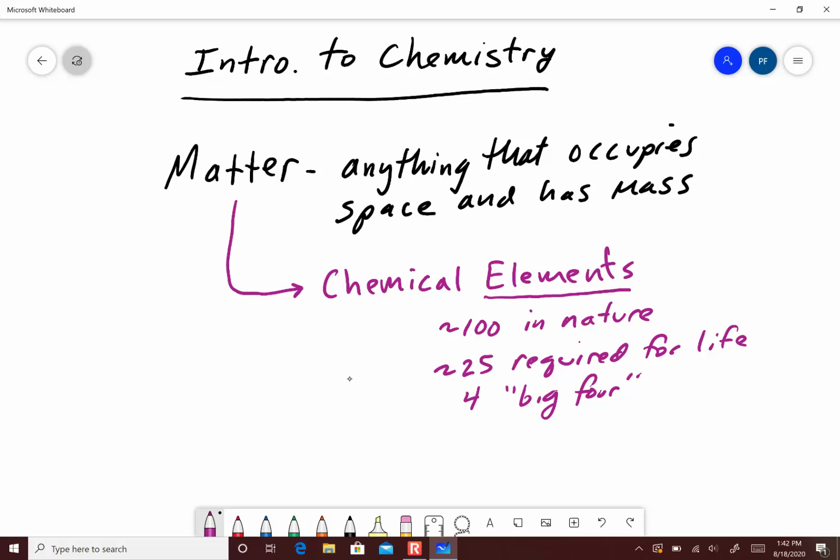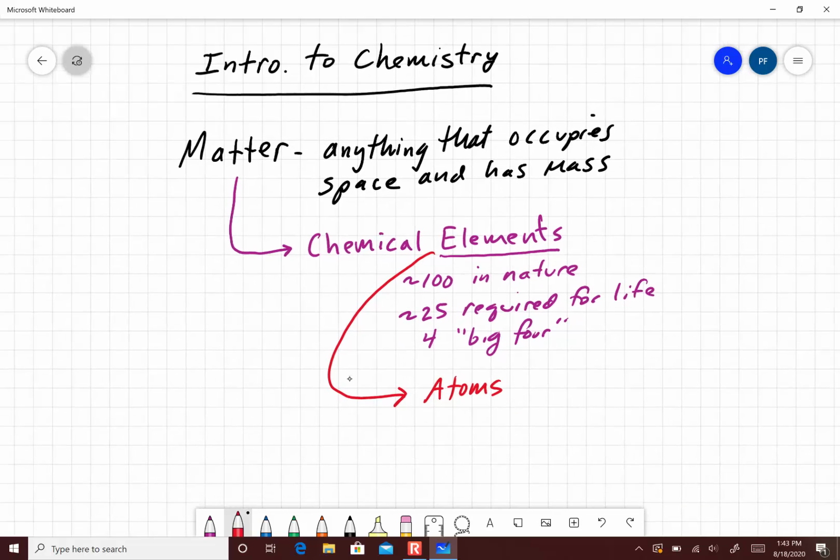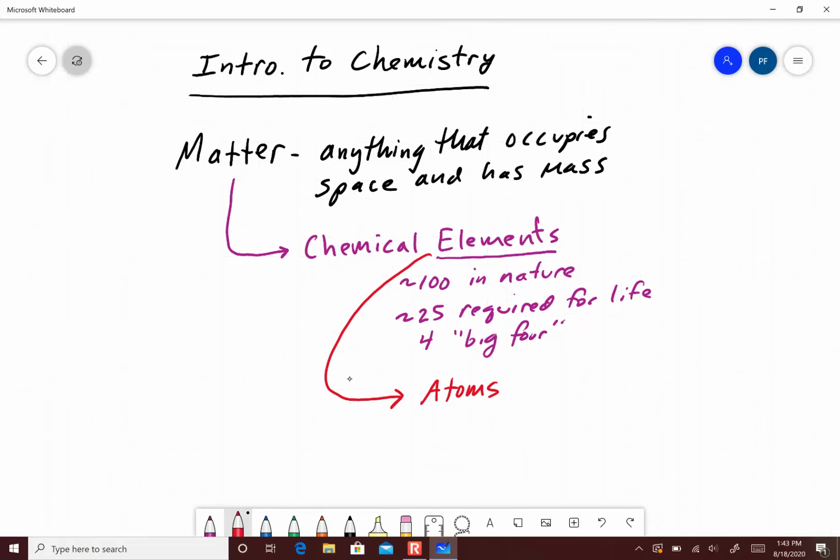All right, so matter is made up of elements, and these elements are made up of what are called atoms. So matter is made of elements, and elements are made of atoms. The atoms are the smallest units that have the properties of the element.